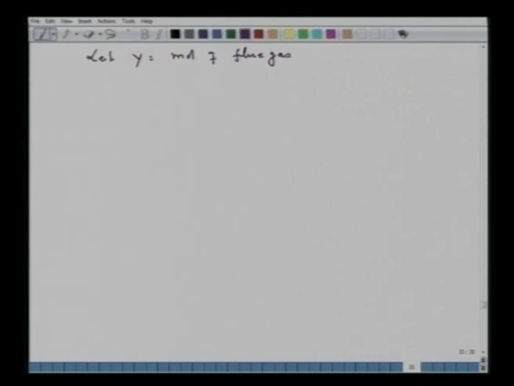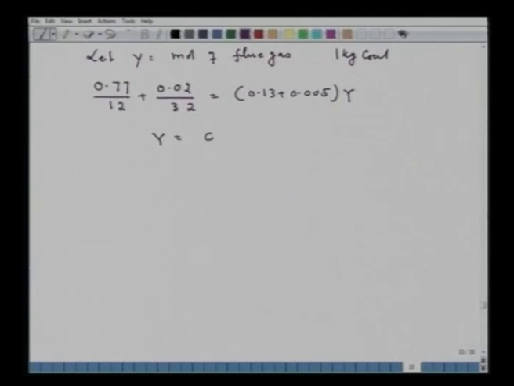Now, if I do the carbon balance on moles, 0.777 divided by 12 plus 0.02 upon 32 is equal to 0.13 plus 0.005 into Y. Here the basis of calculation is 1 kg coal. If I calculate, Y will be equal to 0.4802 moles of flue gas.